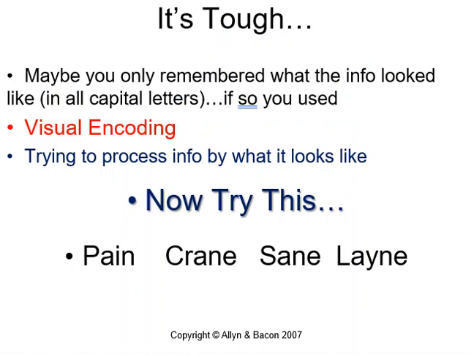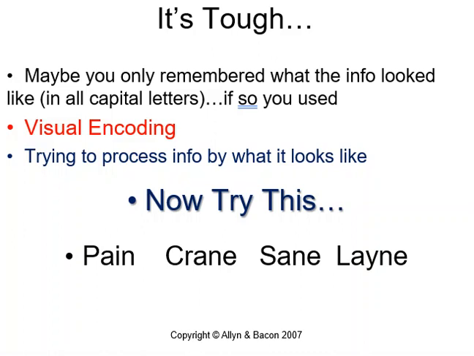All right, now go ahead and try to repeat it back. It's hard, isn't it? Maybe you remembered some of it. Maybe you remembered that it was capital letters or the first or the last, but it's very difficult for people to remember the whole thing. That's because there's no real meaning behind those random groupings of letters.